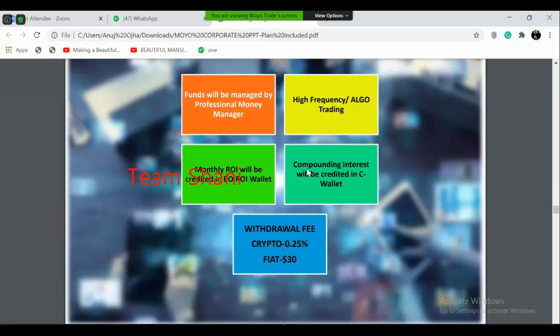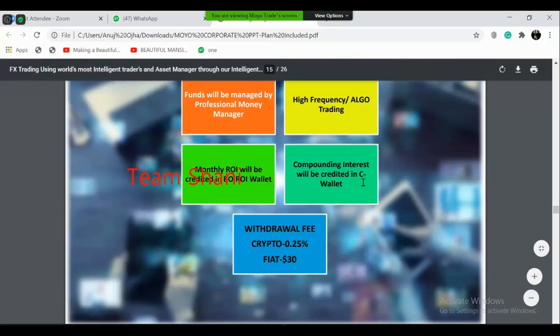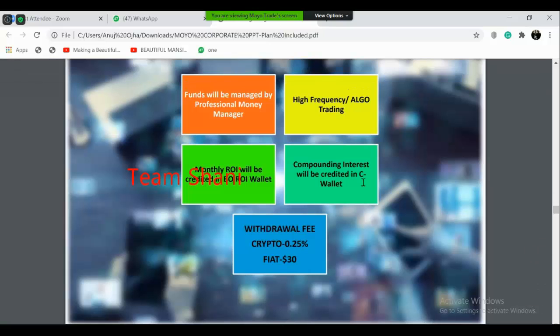In the CRM, the 30% that goes into compounding, you will see in a C wallet, the compounding wallet. So you will be able to see it every single day, and month after month, what is generating there and how much money you will be making. Go down.